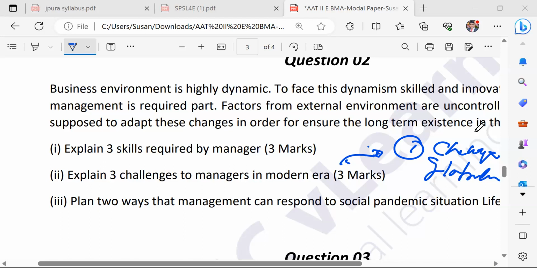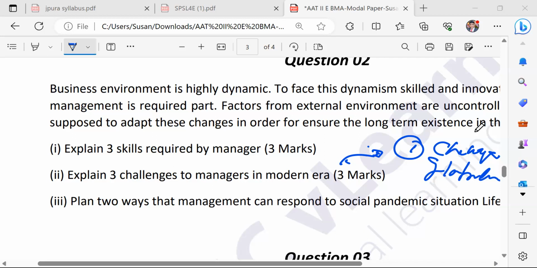Another thing is social responsibility and ethical matters. They have to comply with CSR matters and the code of ethics.